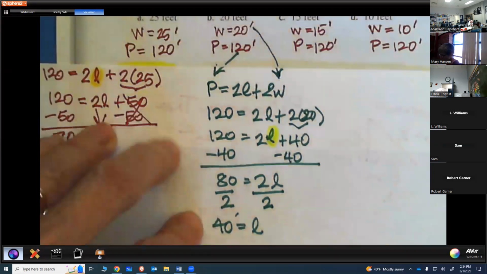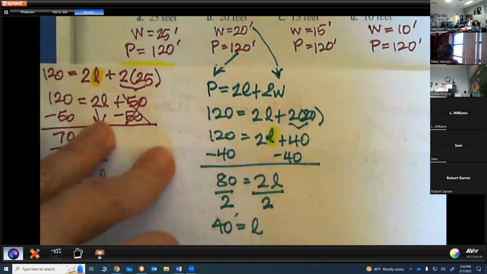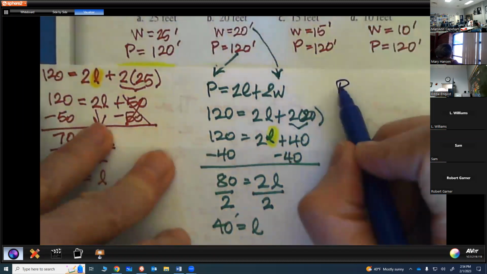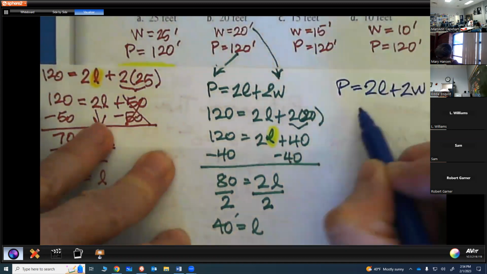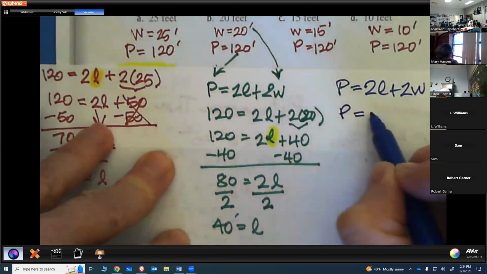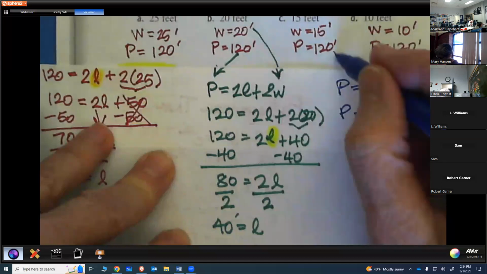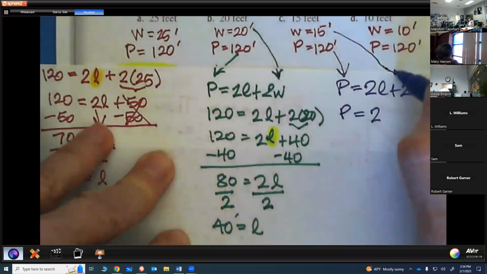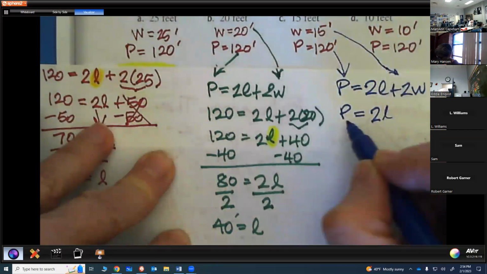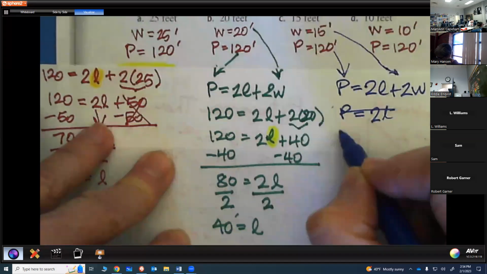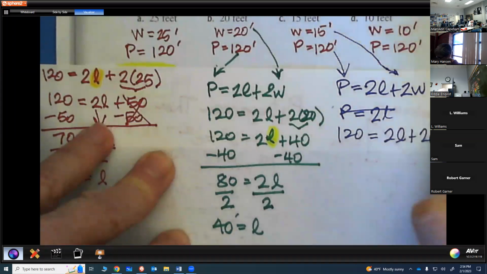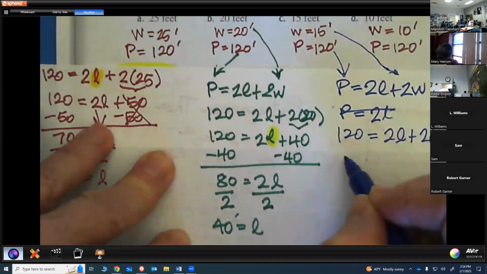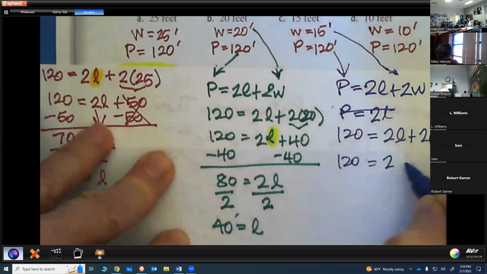Okay, if I go to the third one, again, I start with the same formula because it's still a rectangle. And I'm going to put 120 in for P and 15 for W. I can multiply 2 times 15 to get 30.